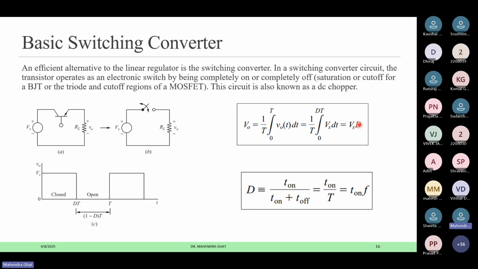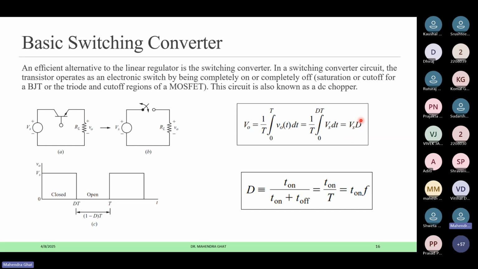Similarly, if I keep D equal to 1, you will get the output voltage as Vs, our input voltage, so the complete input voltage goes to the output. If I keep 0.5, the output voltage is half of the input voltage. Similarly, by varying D between 0 and 1, you will get all values of output voltage with respect to the input voltage.